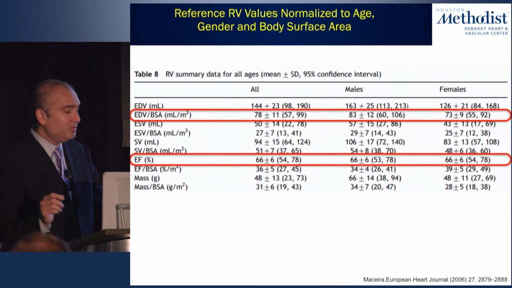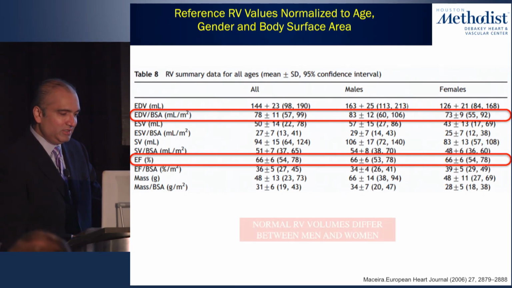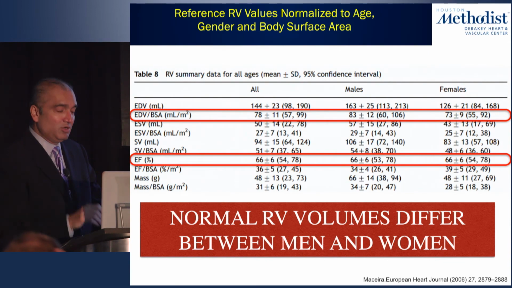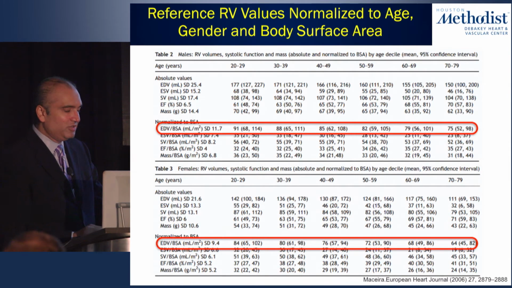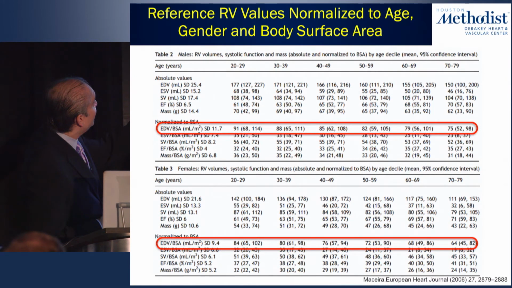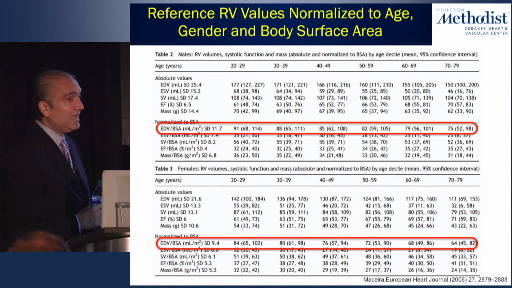And again, just as with the LV, there are differences between men and women, and I'll skip over this in the interest of time, but you need to always reference it to normal values for specific gender, as well as specific age, because notice, for example, for men, the upper limits of normal for a 20 to 29-year-old man for RV end-diastolic volume index can be as high as 114 mLs, versus for an 80-year-old, maybe 98 mLs.